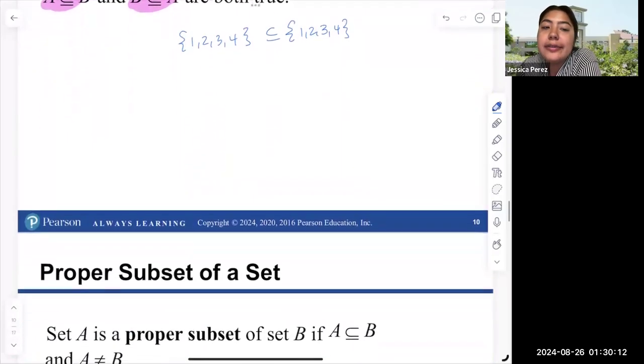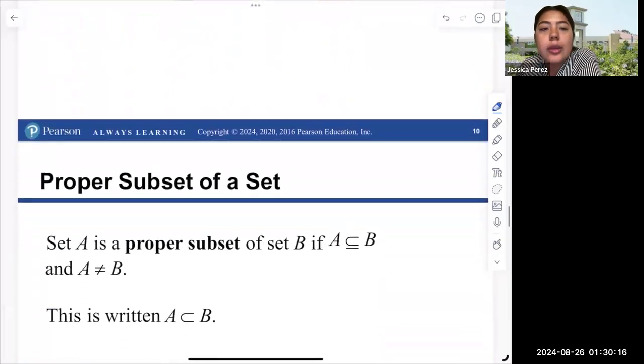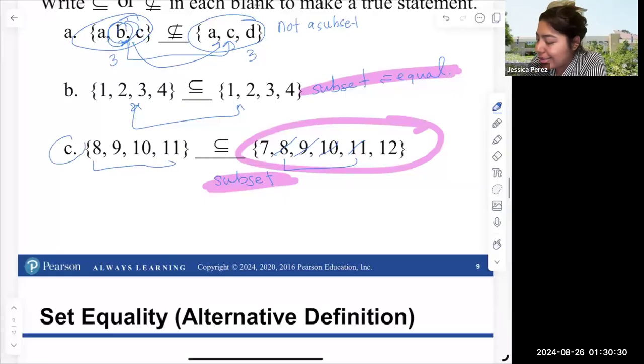So now what is the difference between a proper subset and a subset? A proper subset is when A is contained in B, but B is not contained in A, so they're not equal. For example, the last one, C, is called a proper subset. It can work both ways: it can be a proper subset, but it could also be a subset.